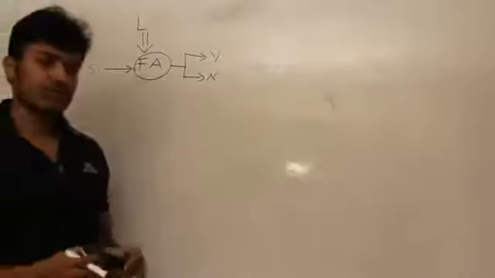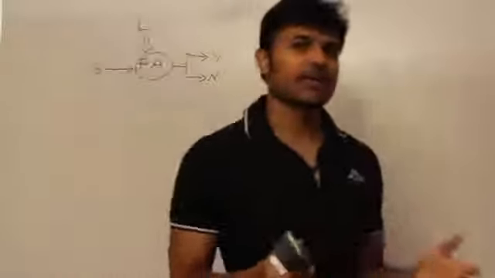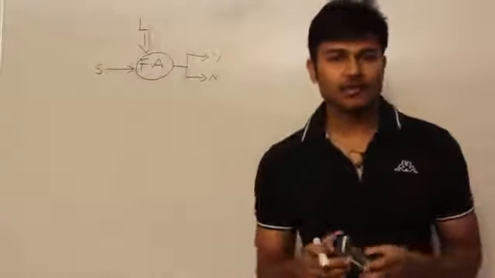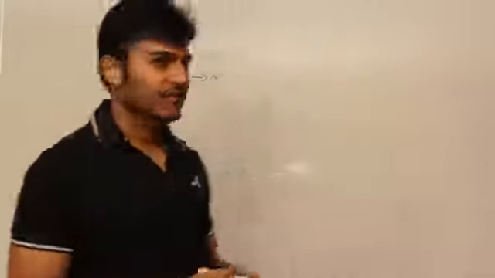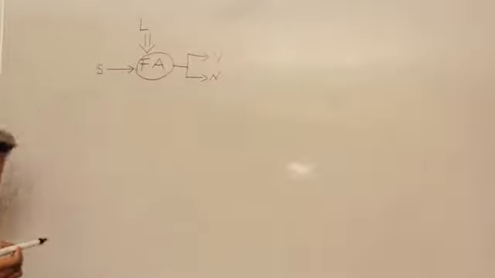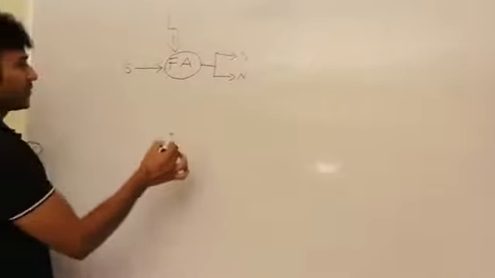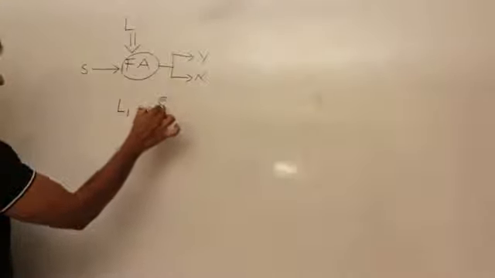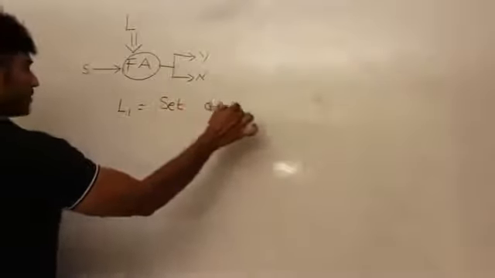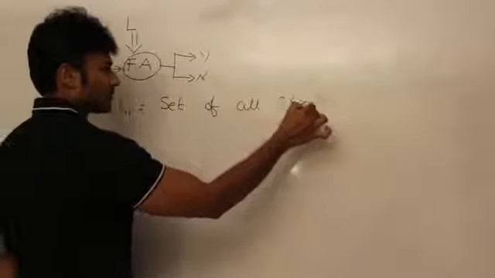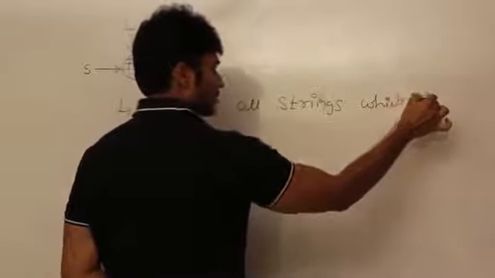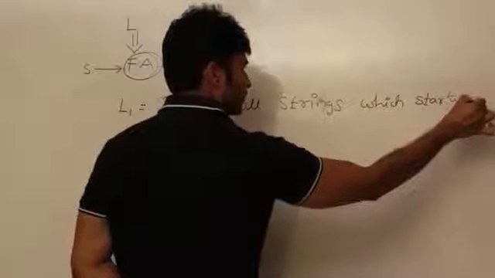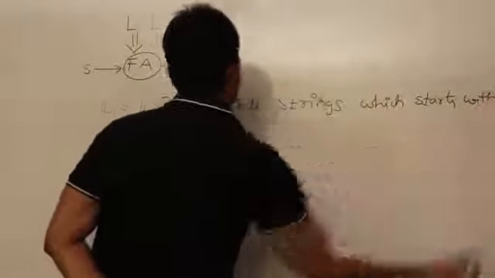Before discussing what a finite automata is and what the types of finite automata are, I would like to take a small example and maybe we shall discuss the definitions later. Fine. So let us say I am drawing some finite representation for a language. L1 is a language which is the set of all strings which start with a.